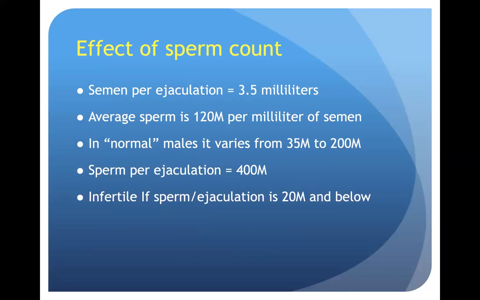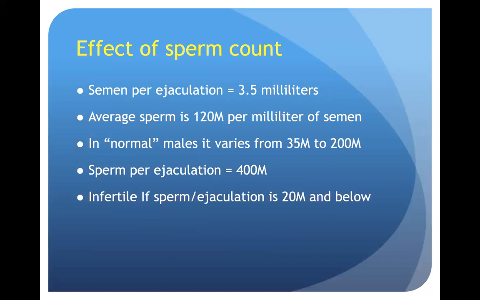That's why per ejaculation, kung 3 mils yun, roughly 400 million ang content or ang sperm cells present in the ejaculate. So in order for a male to be considered normal in terms of sperm count, dapat daw at least 35 million and above ang kanyang sperm cell.